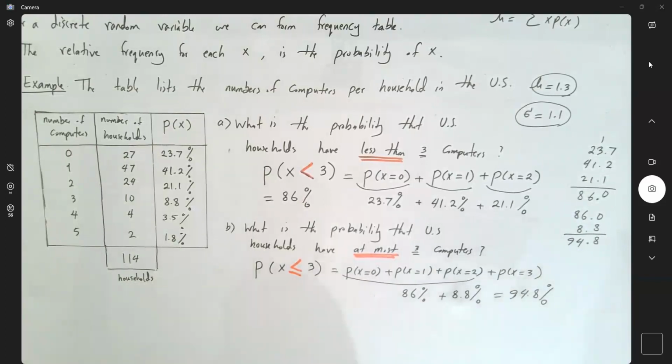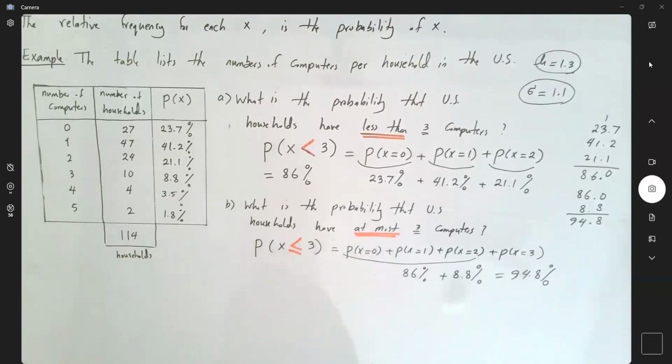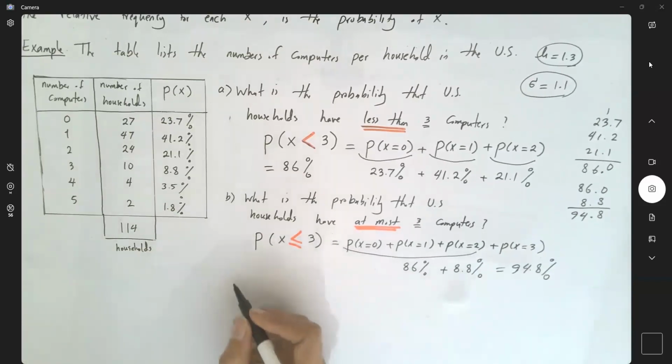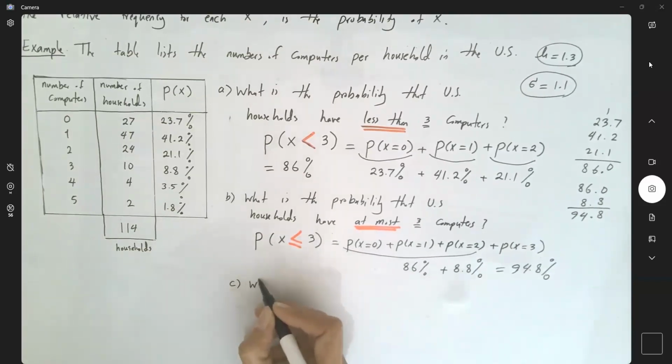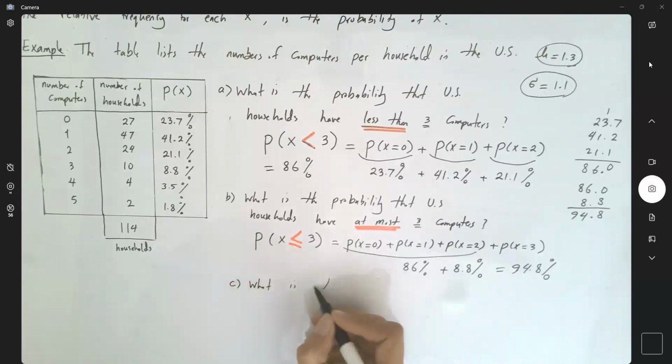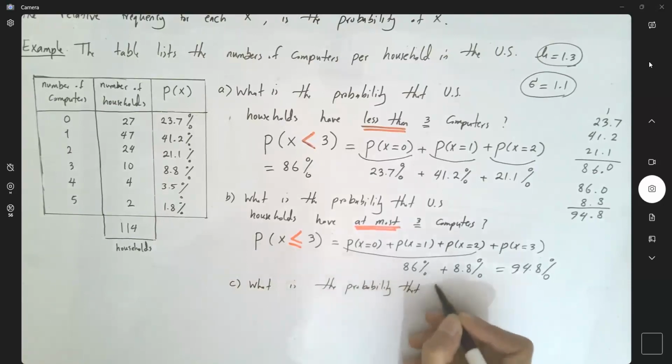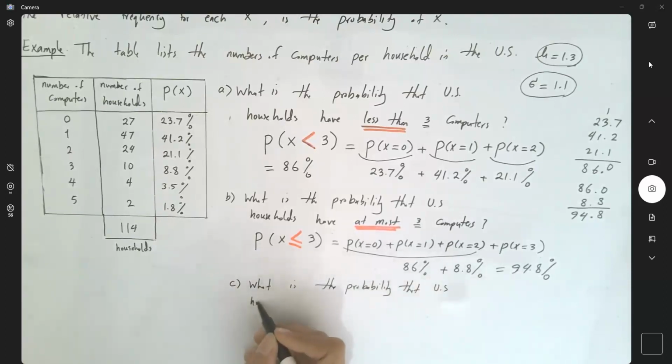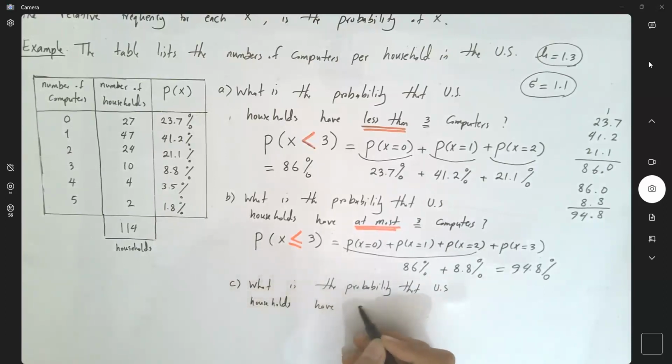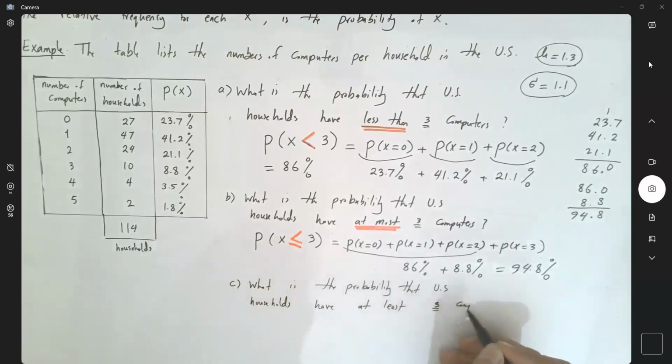The next keyword that we're going to play around with, C. What is the probability that US households have at least 3 computers?